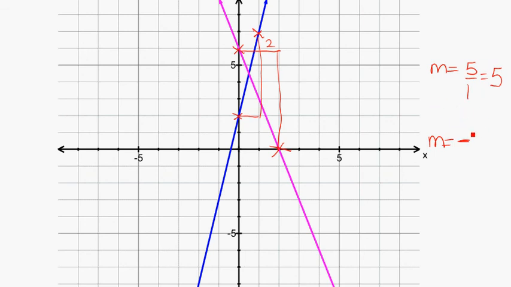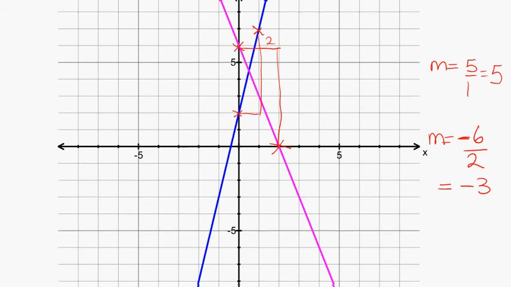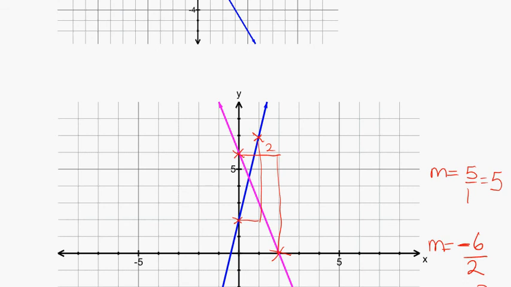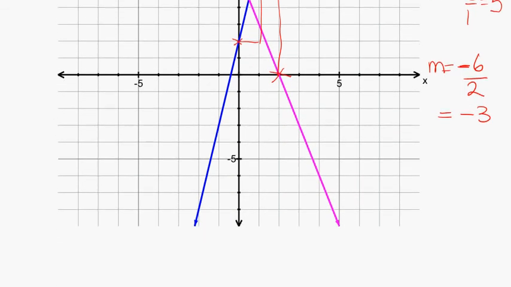Now it's rise over run, so it's negative 6 over 2, and that will simplify to negative 3. Now I could have chosen 2 different points, but you'll get negative 3 when you simplify it. And that's how you find the gradient of a straight line.